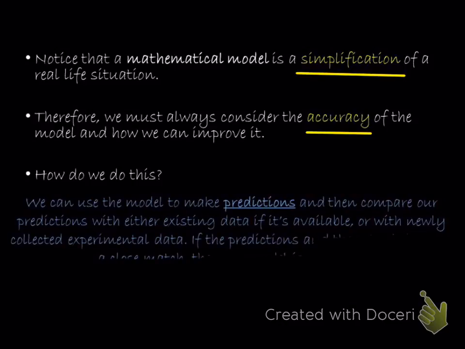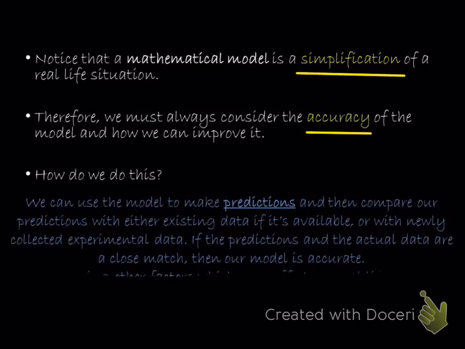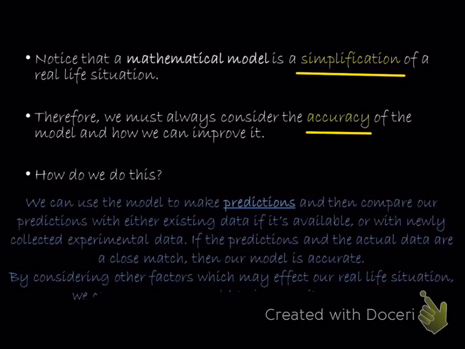If the predicted data and the actual data are a close match, then our model is an accurate one. However, if they are not a close match, then this means we may need to change our model. By considering other factors which may affect the real-life situation, we can change our model to improve its accuracy.